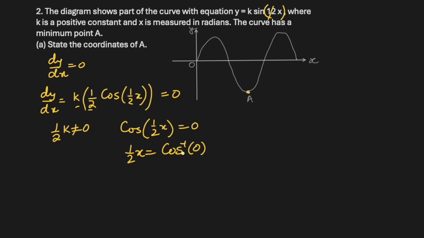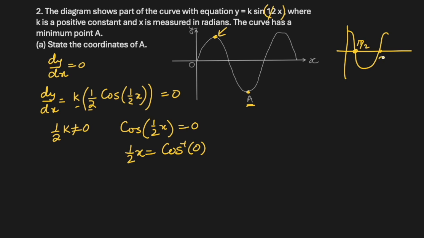Now cos inverse 0, we can see that the first stationary point is there and the second stationary point is A. So whenever we get such a solution, let's say what is cos 0? Cos graph looks like this. First 0 comes at pi by 2, which will give us this point, so we will ignore this.